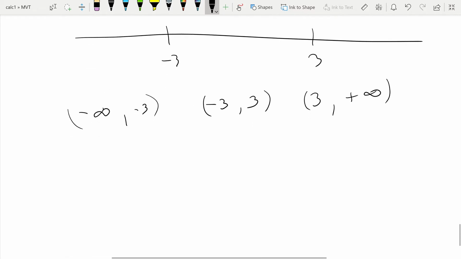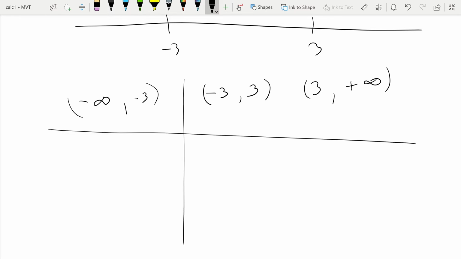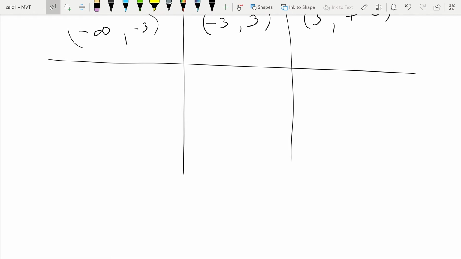So all the values higher than 3. And at the points minus 3 and 3, the derivative is 0. But in each one of these intervals, the sign of f prime is going to remain unchanged. So we just need to pick a test point in each interval to determine the sign.